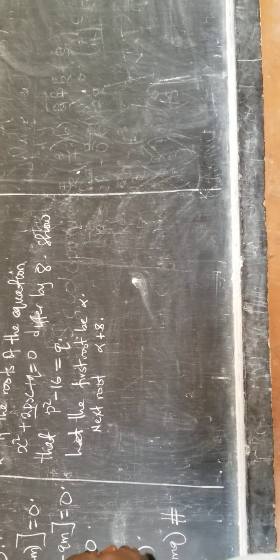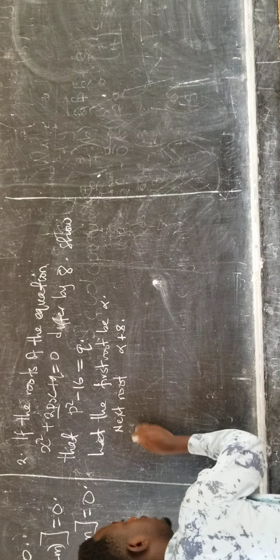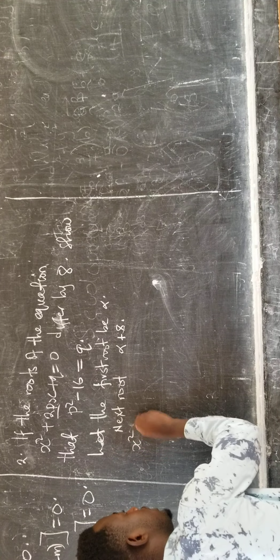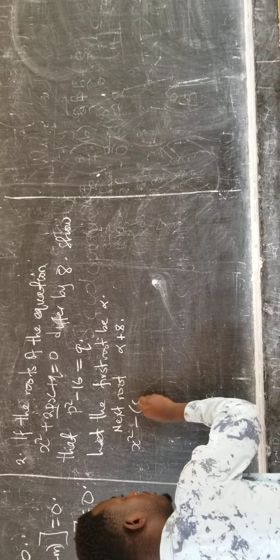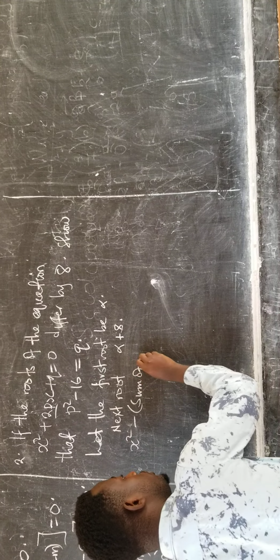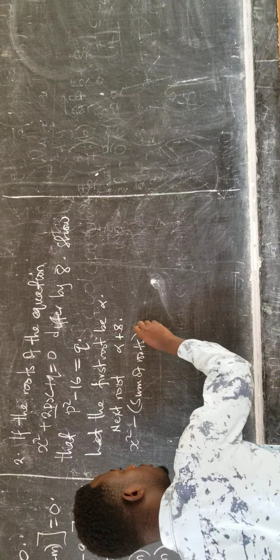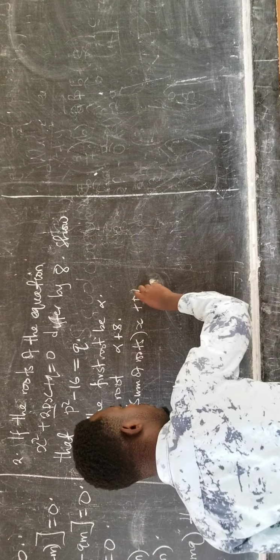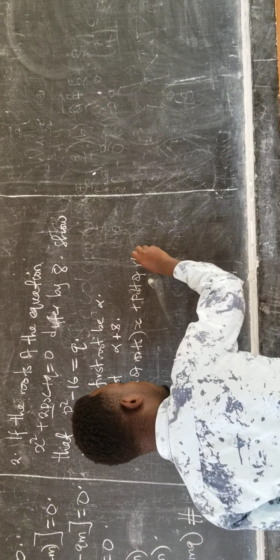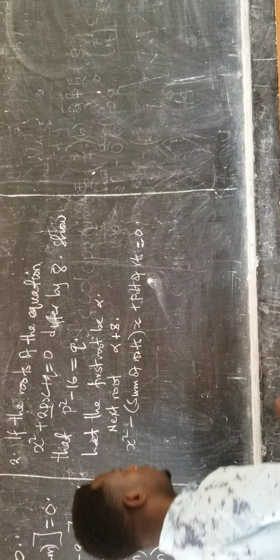But what we know is that generally, the general equation, remember we said it is x squared minus sum of roots x plus product of roots is equal to 0.